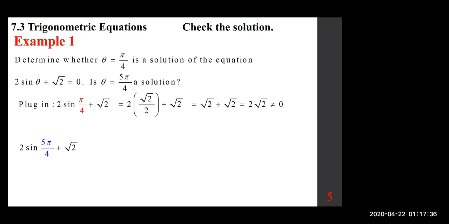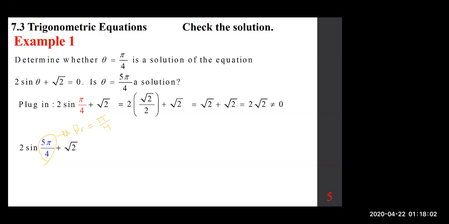So I hope you see. Okay, if this is theta, then the reference arc is pi over 4, which means the same answer, square root of 2 over 2, but we don't know if it's positive or negative yet. We got to figure out based on the quadrant.